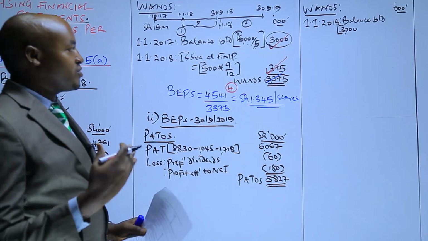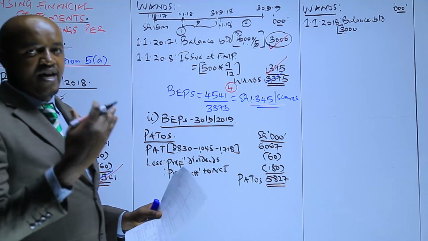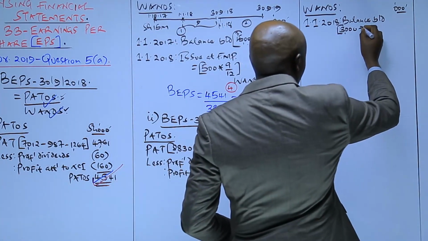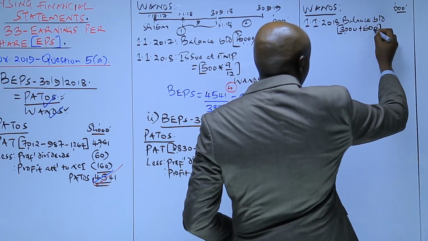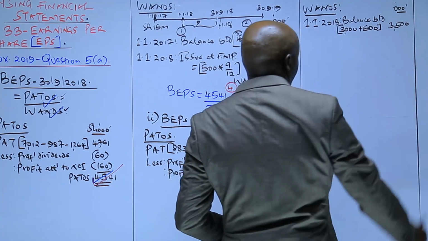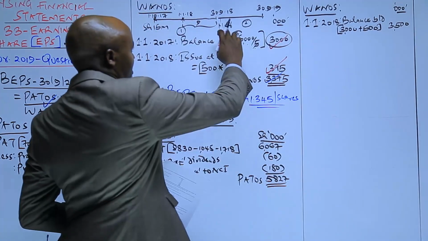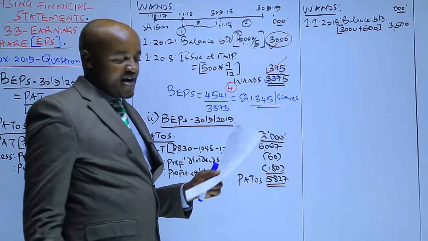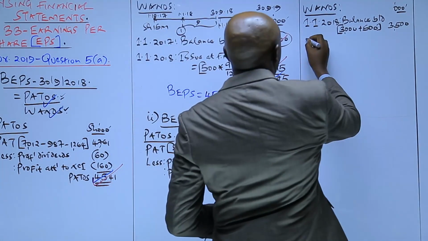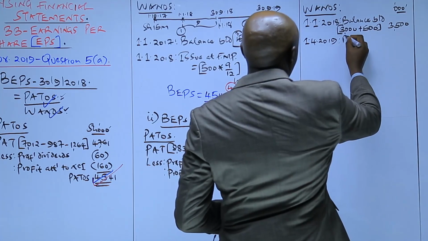The actual shares were not 375, but the actual shares were 35, because those shares as at the start of the second year will be issued and fully paid. So therefore, you take the actual shares and you add them to the shares issued and fully paid at the start. And then you check during the second year here, were there other shares which were issued? Yes. So in note number 3, we are told on 1st of April 2019, there was a right issue.